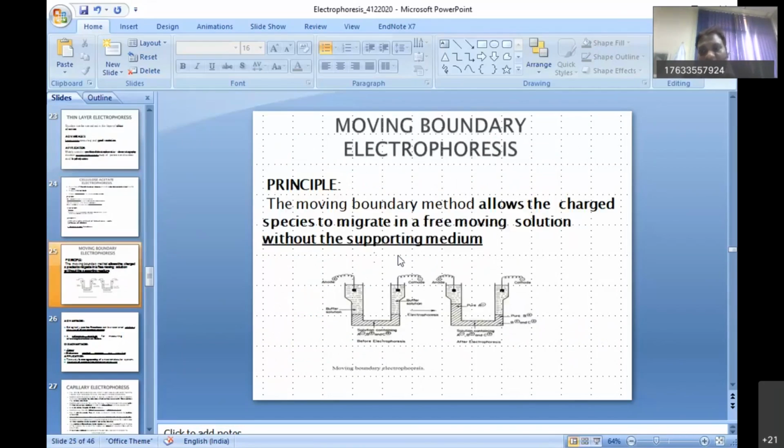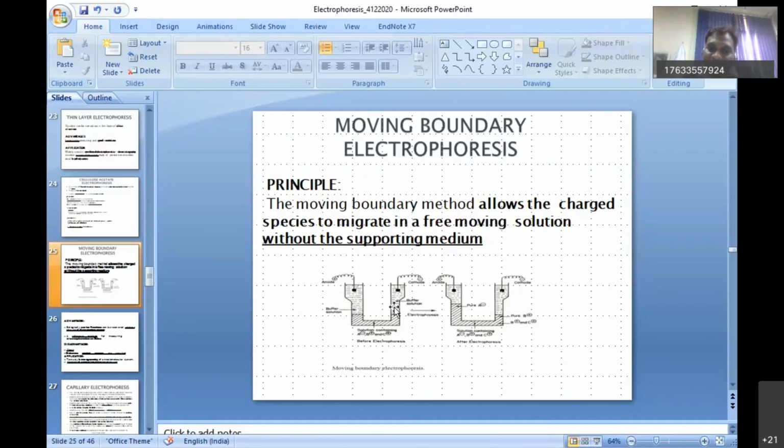So come to moving boundary electrophoresis. The principle, as I told you earlier also, is that the moving boundary method allows the charged species to migrate in a free moving solution without supporting media. So the difference is that earlier there was a supporting medium, and here the molecules will be separated in the moving solution.